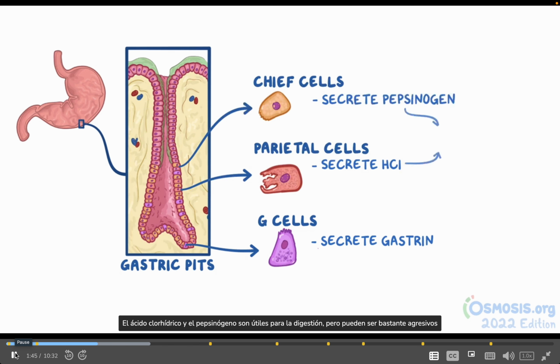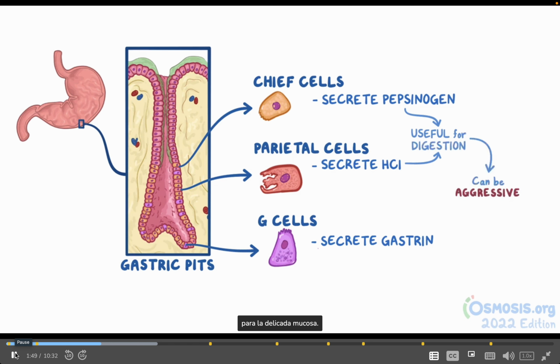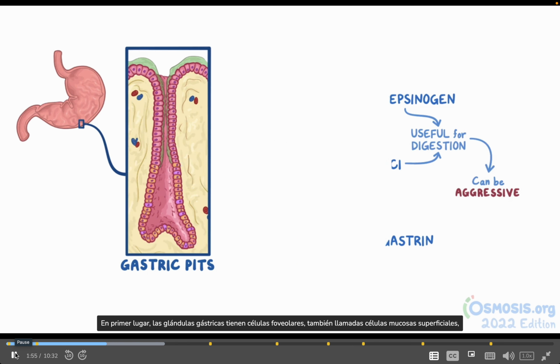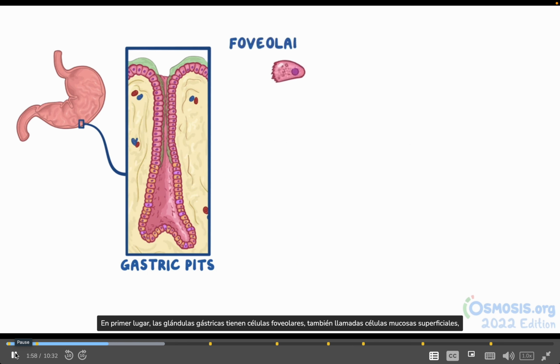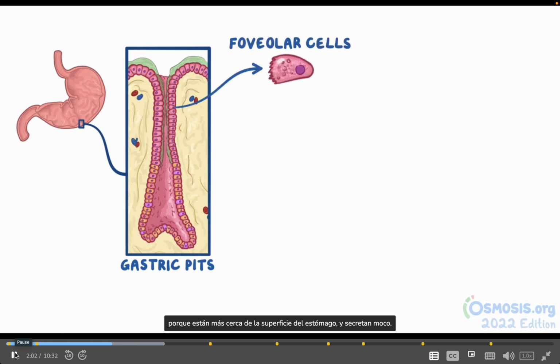Hydrochloric acid and pepsinogen are useful for digestion, but they can be quite aggressive for the delicate mucosa. Luckily though, the stomach also has some defense mechanisms in place. First, the gastric glands also have foveolar cells, also called surface mucus cells, because they are closer to the surface of the stomach and they secrete mucus.